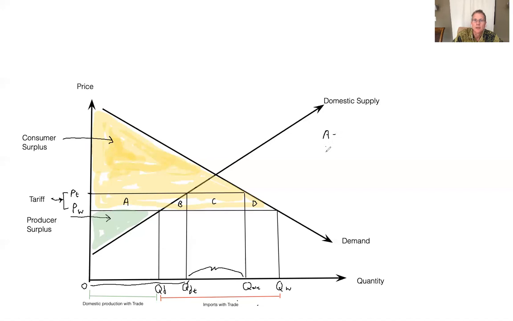A, B, C, D. Now the first thing to notice about all 4 of these shapes is that they used to be consumer surplus.